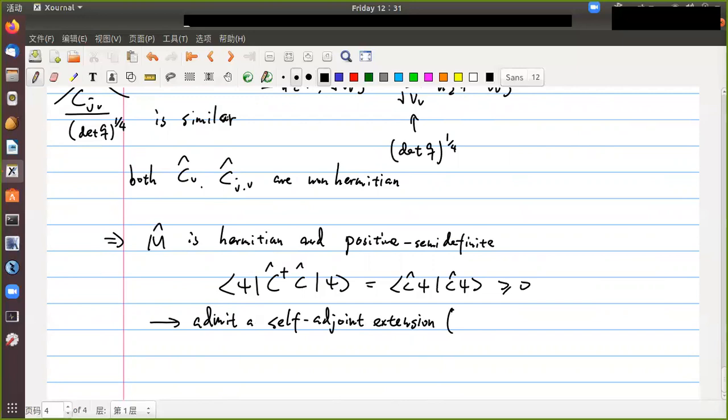This extension is usually called the Friedrichs extension. This is a standard result in functional analysis.